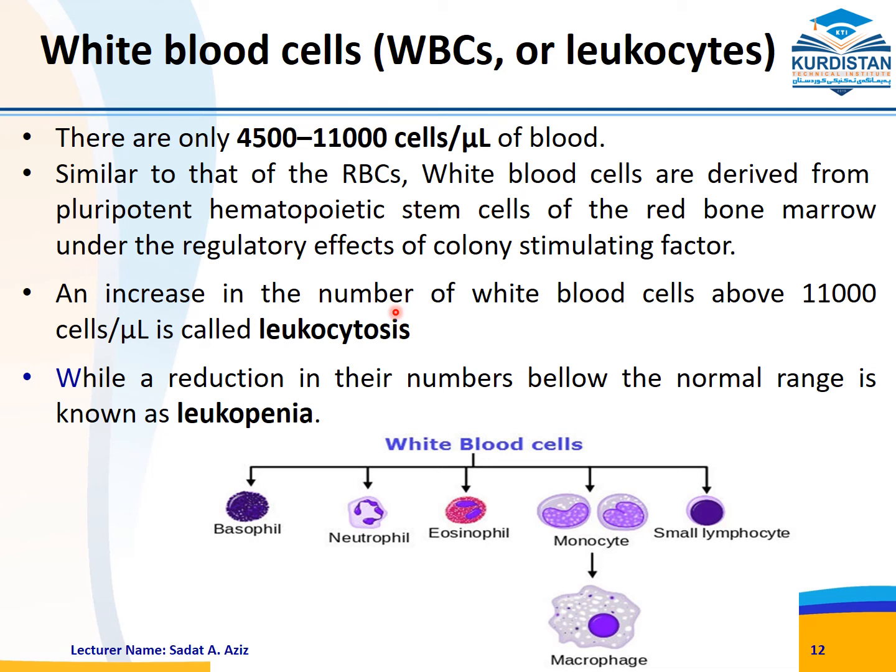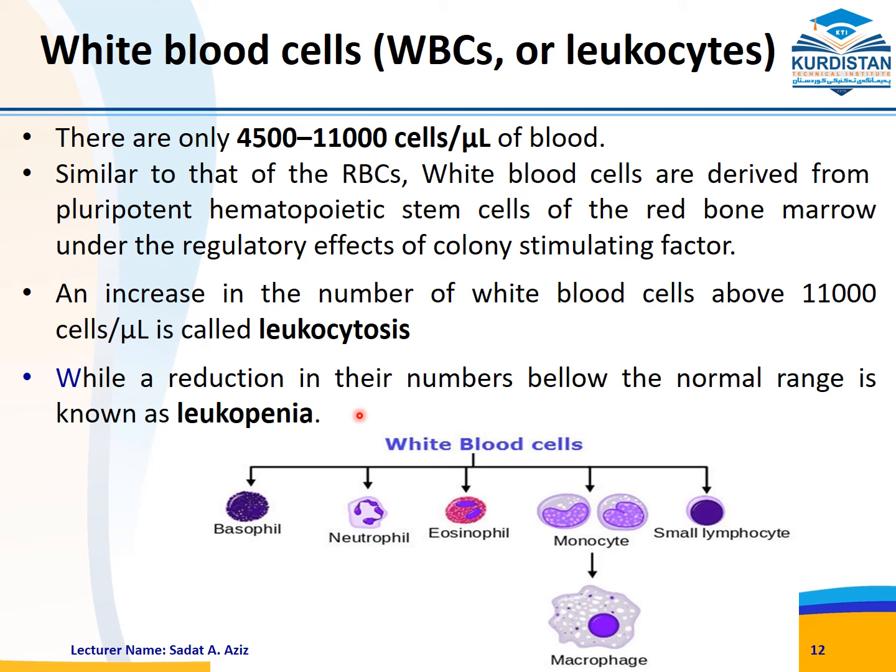So the white blood cells are produced mainly from the pluripotent hematopoietic stem cells under the stimulatory effect of a signal or a hormone which is called colony stimulating factor. The colony stimulating factor induces the pluripotent hematopoietic stem cells to produce leukocytes or the white blood cells.